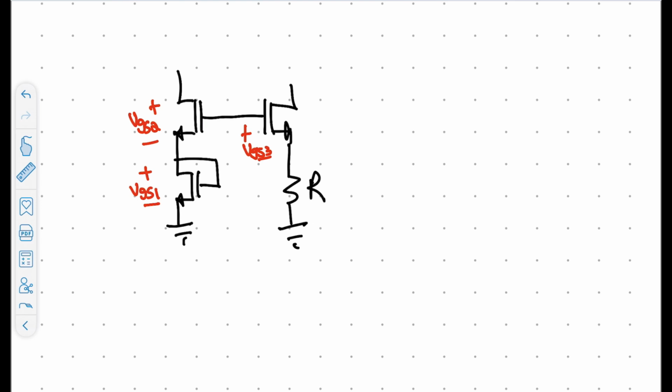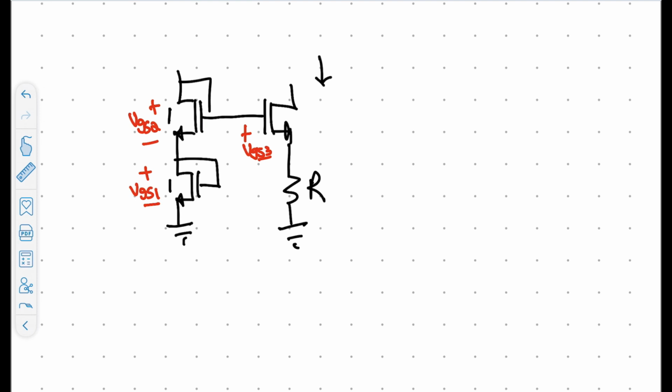So to generate this current, we need to decide how we plan on sizing these devices. If we size VGS1 as a unit device and VGS2 as that same unit device, then we need to figure out how to size VGS3. But in order to do that, let's work through the expression real quick.